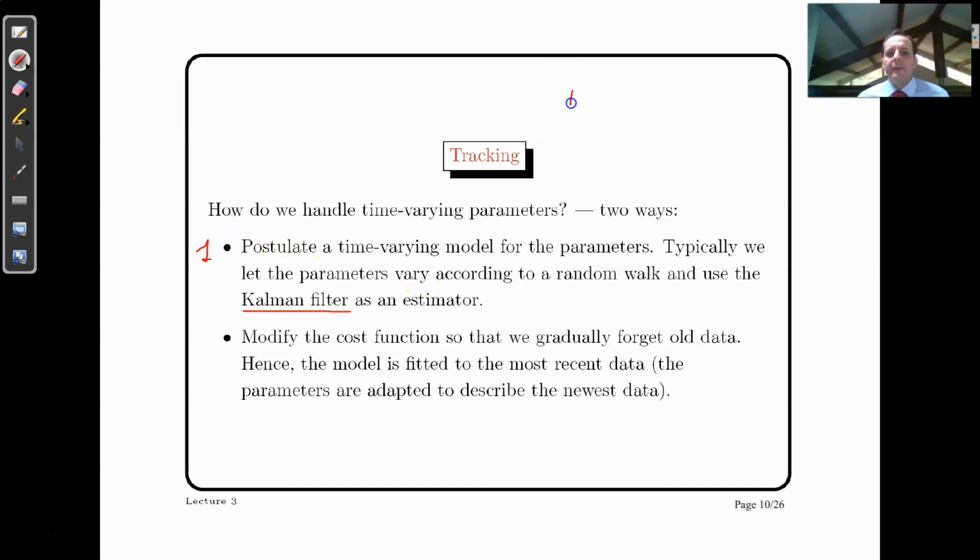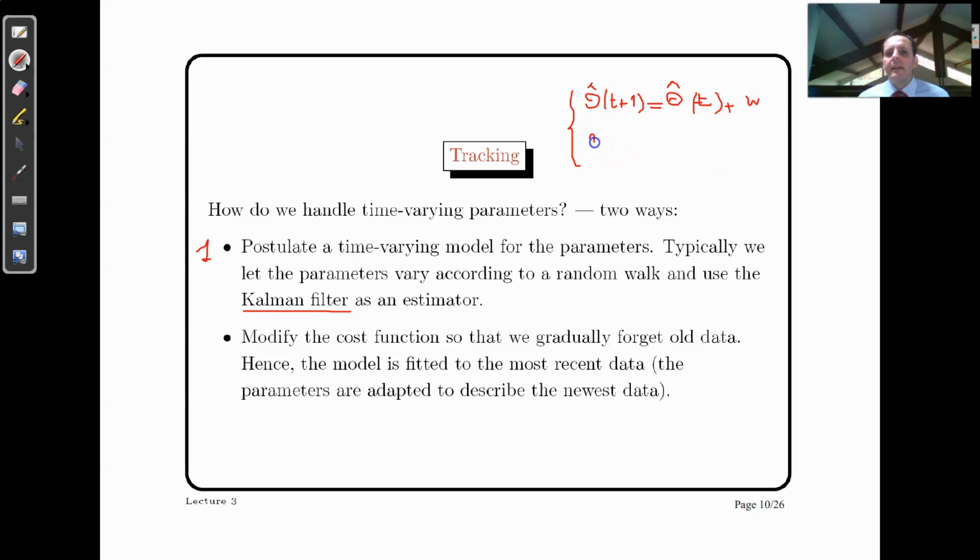According to method 1, you can include, for example, the changing of your parameters: theta at t plus 1 is equal to the previous value of the parameters, theta at the time t, plus, I don't know, a noise.